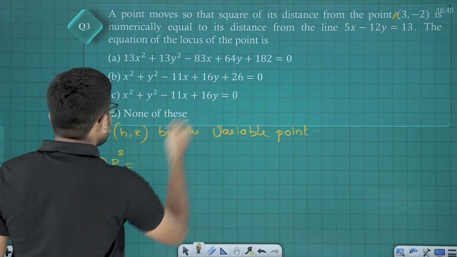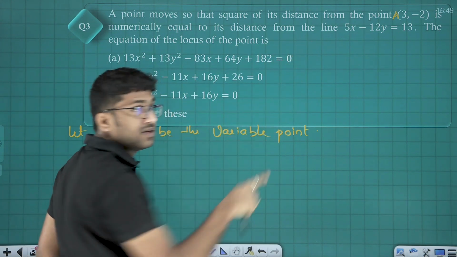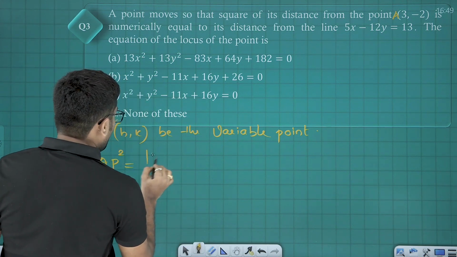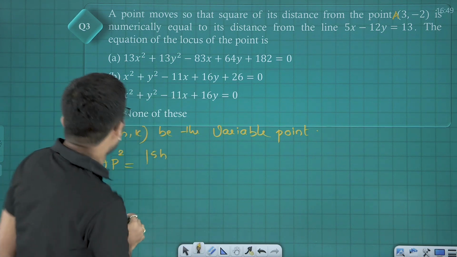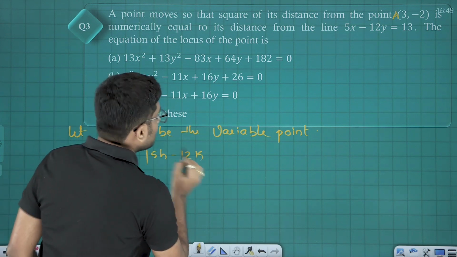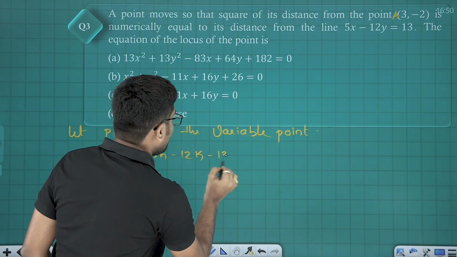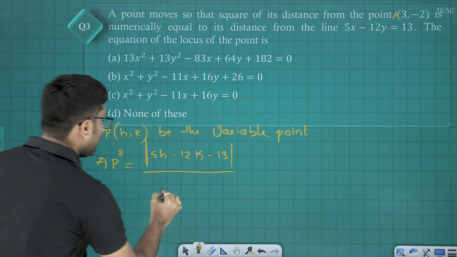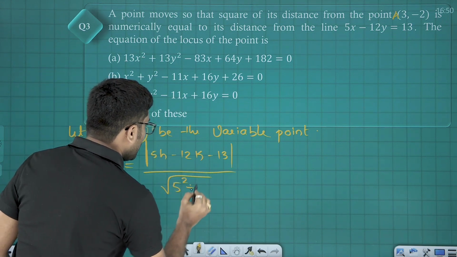So what is the distance from point P to this line? Distance formula, mod of 5h minus 12k minus 13 divided by square root of 5 square plus 12 square.